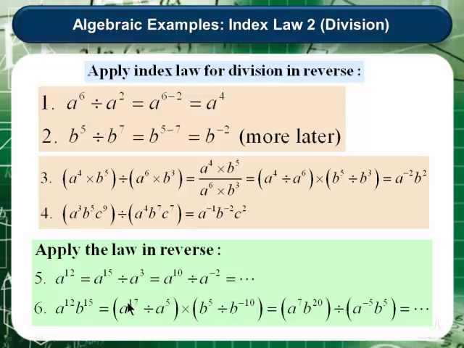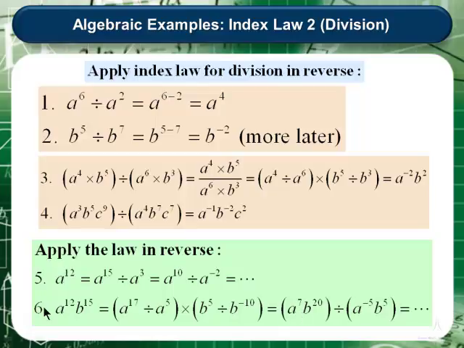As for instance, a to the power 17 divided by a to the power 5, because 17 minus 5 is 12, while b to the power 15, we can rewrite this as b to the power 5 divided by b to the power minus 10, because 5 minus 10 again gives me 15. This is just one of many possible examples.